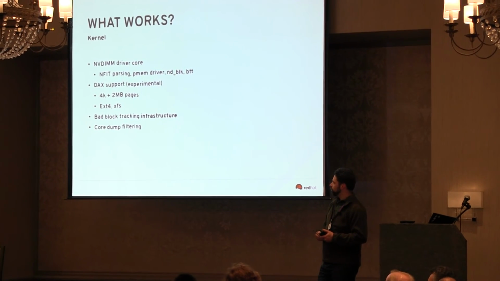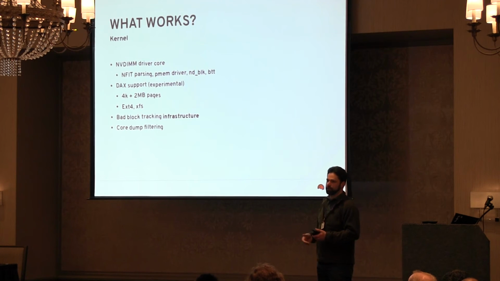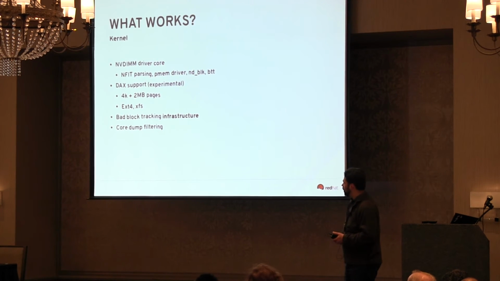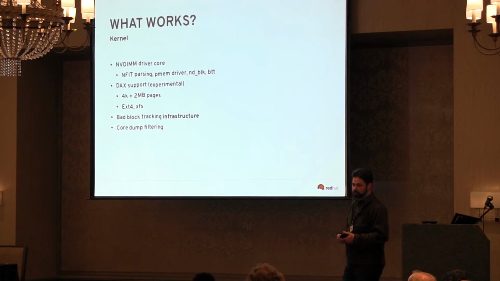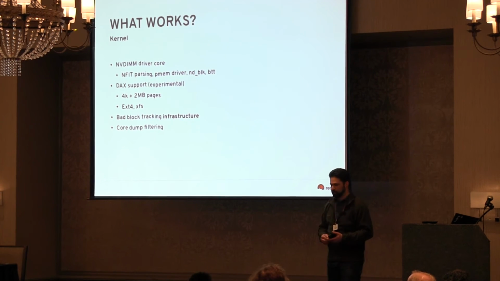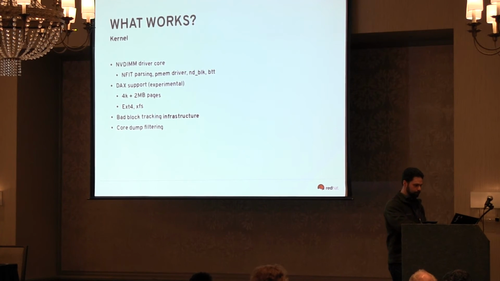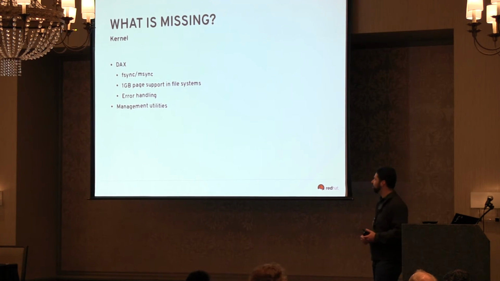The support, however, is preliminary. They're both marked experimental. The bad block tracking infrastructure is in place, but if it finds bad blocks, it will disable DAX on your volume. So that's not fully baked. And then core dump filtering, in case you don't want to dump all of your storage when your application dumps core, you can turn that off. It's actually off by default.